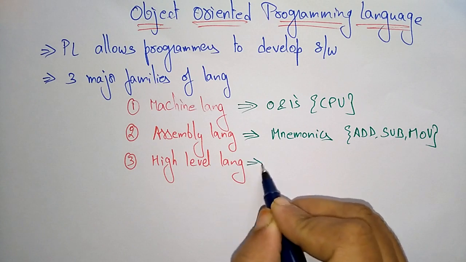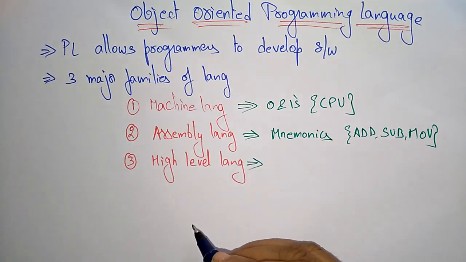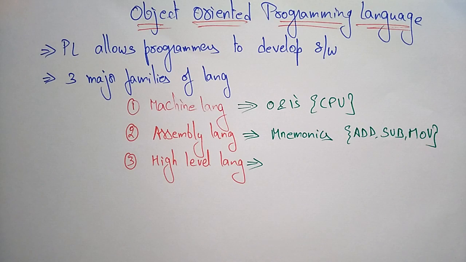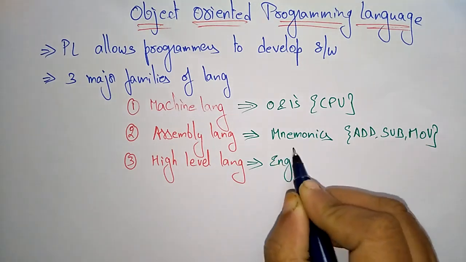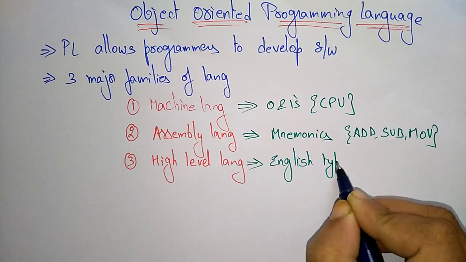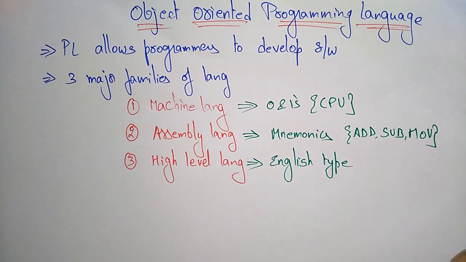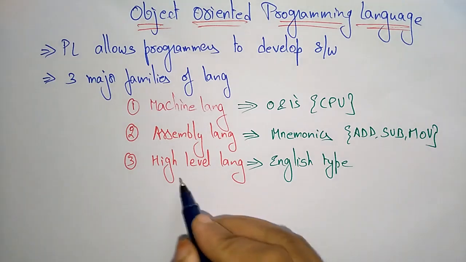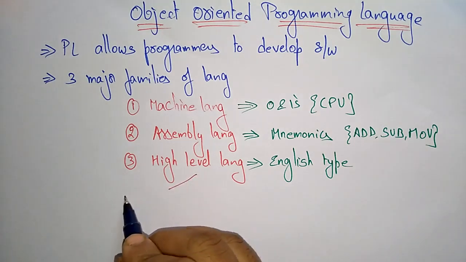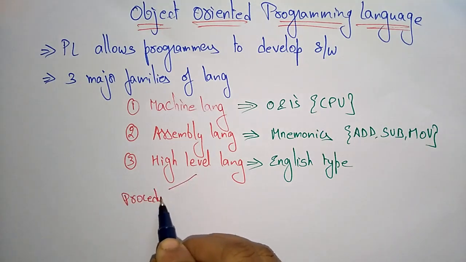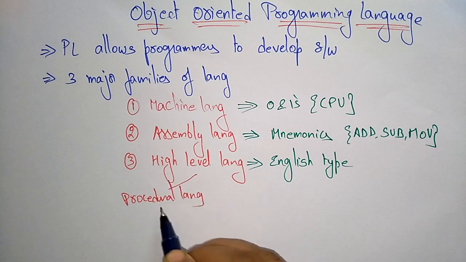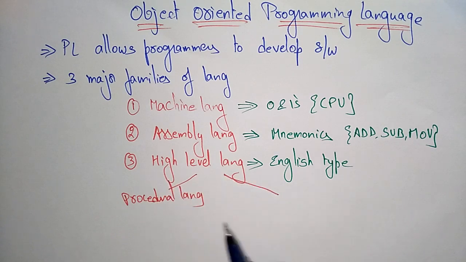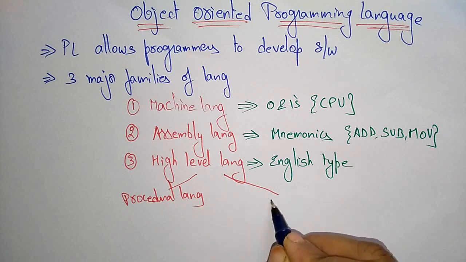Now coming to the high level language. High level language is just English type language. Here the syntax is similar to English. Historically, this high level language is divided into procedural language and the object oriented programming language.